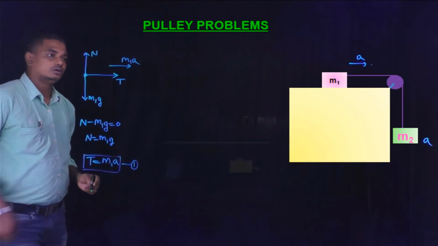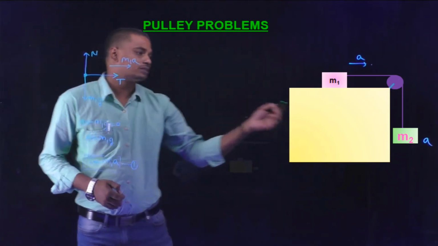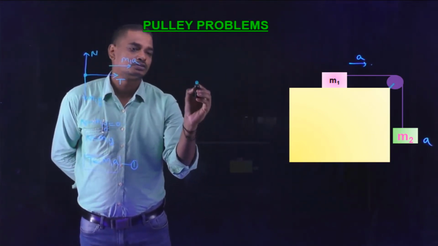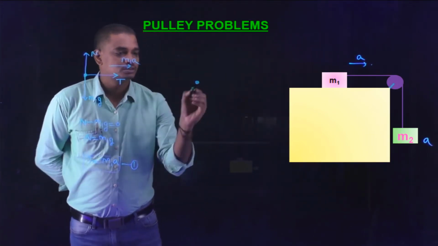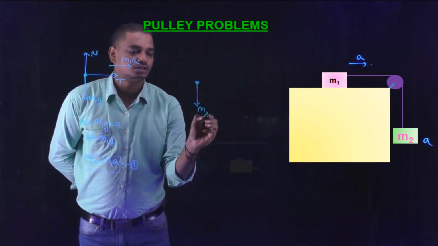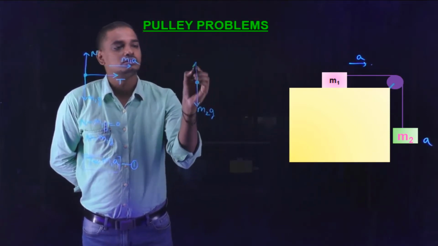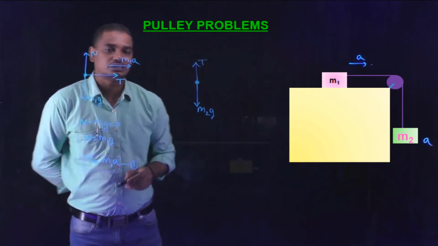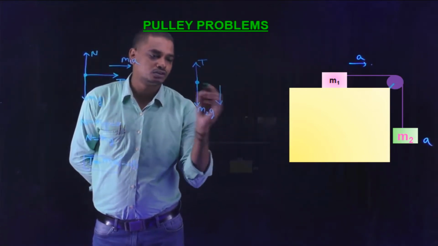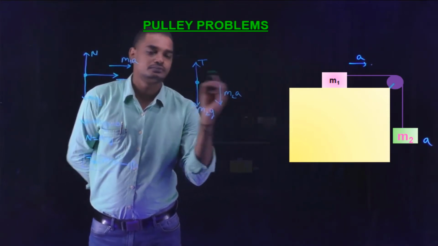Now let us go to the second block, whose mass is m2. By drawing the free body diagram, the weight of the body acts vertically downwards, that is m2g. As it is connected to a string, there is a tension in the string, T, and the block is moving downwards, so the net resultant force in the downward direction is equal to m2a.